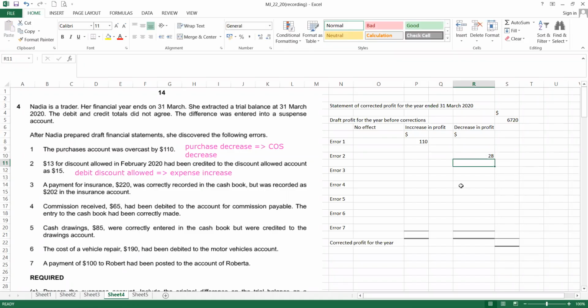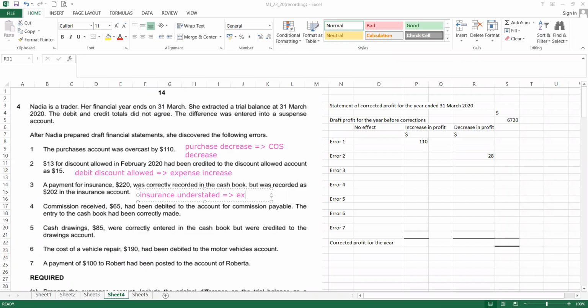Number 3. A payment for insurance was recorded, but was recorded as 202. Insurance is understated, therefore it will be expenses.